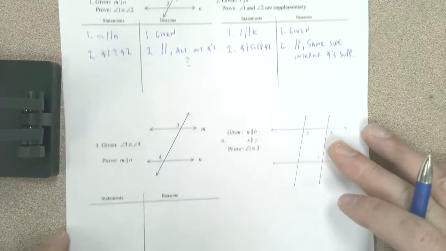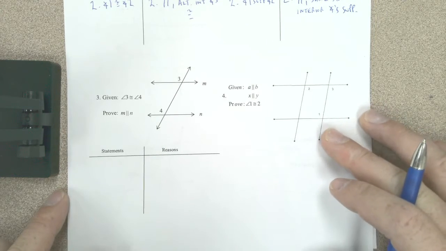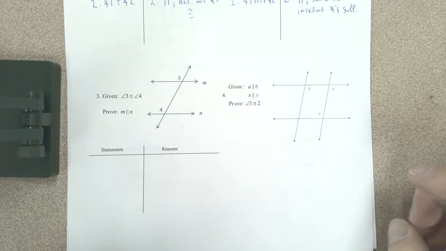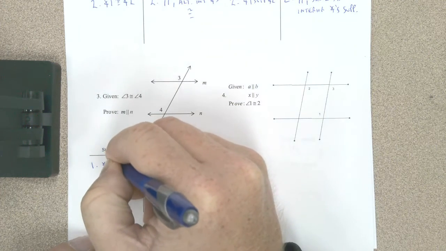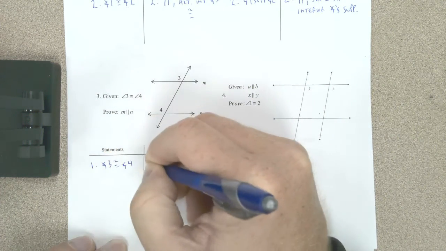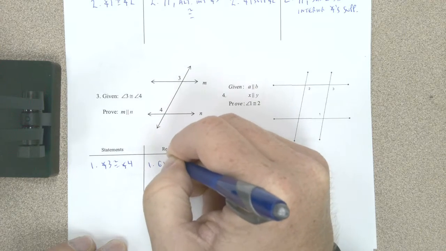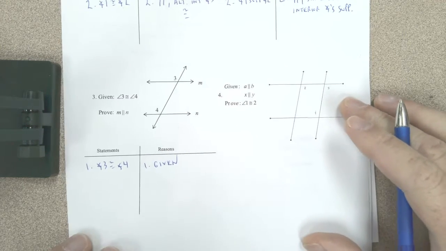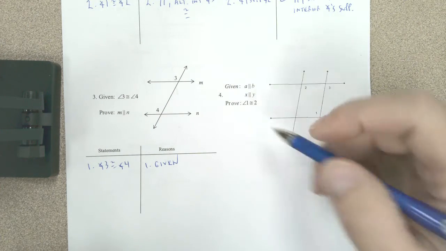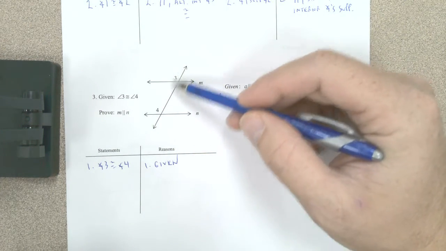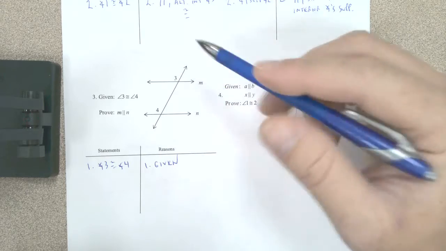Okay, let's go ahead and move down to number 3. Number 3, they're telling us that angle 3 is congruent to angle 4. That's the given. And they want us to prove that M is parallel to N. Well, you notice in the picture 3 and 4, these are corresponding angles.